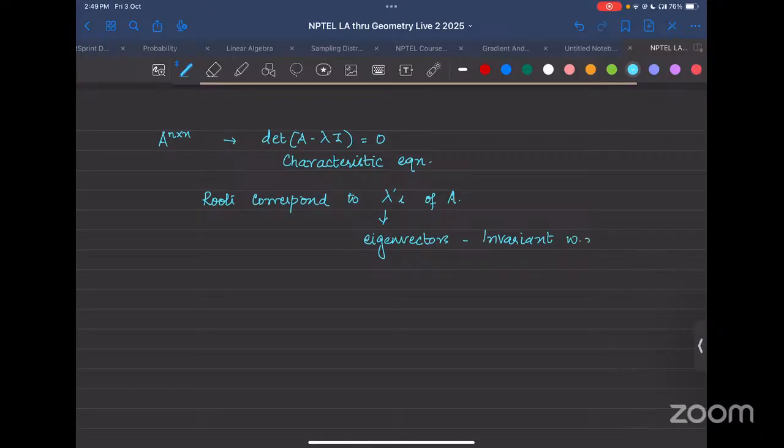So the only variation that you see is scaling. There is no orientation or direction change.